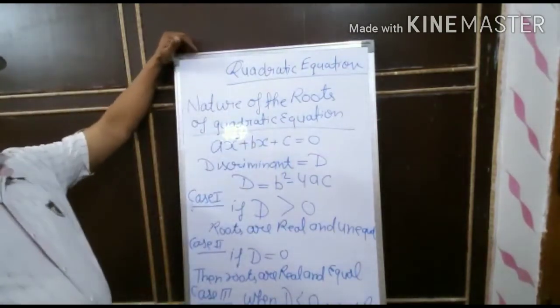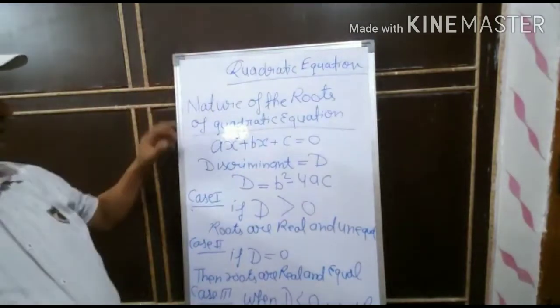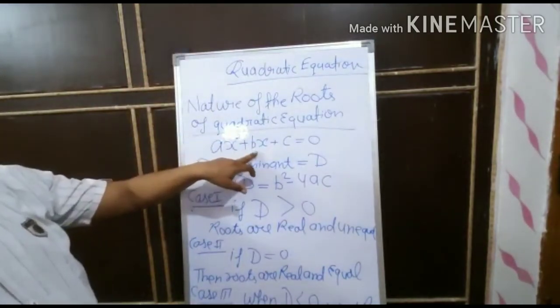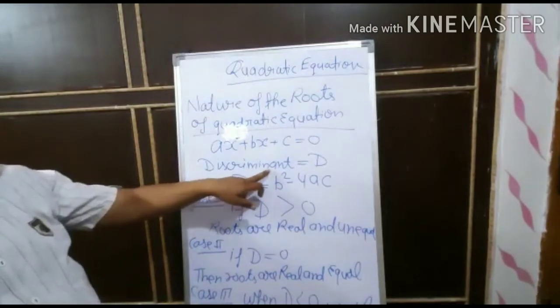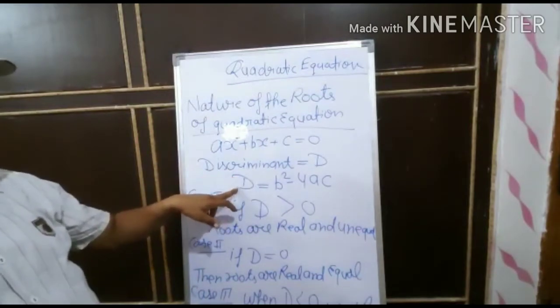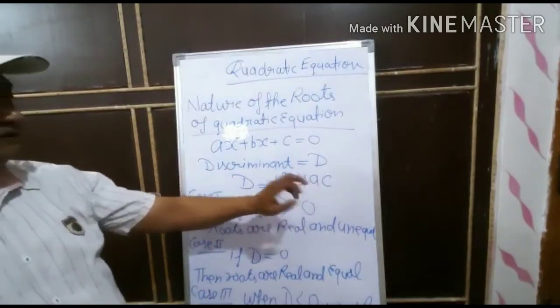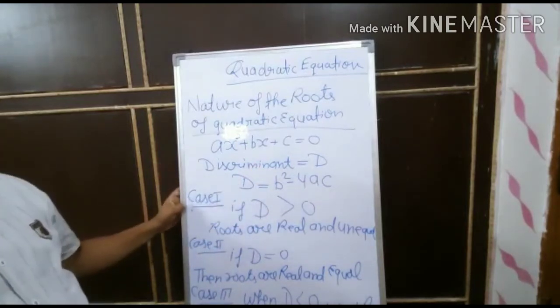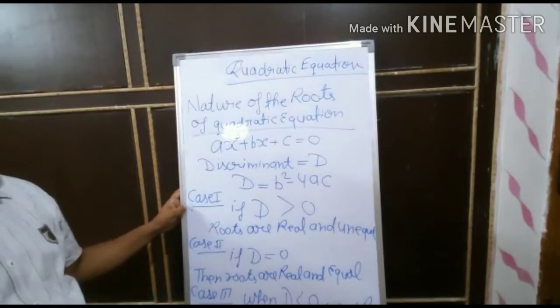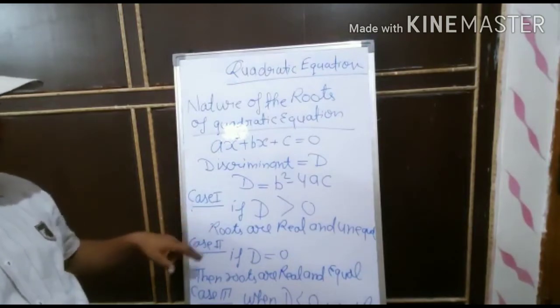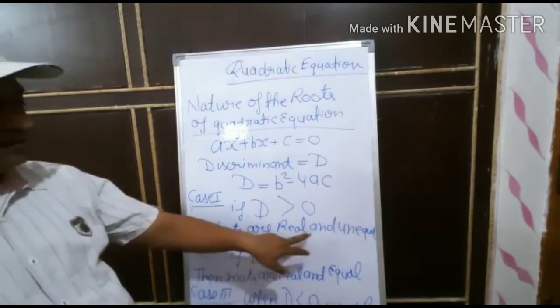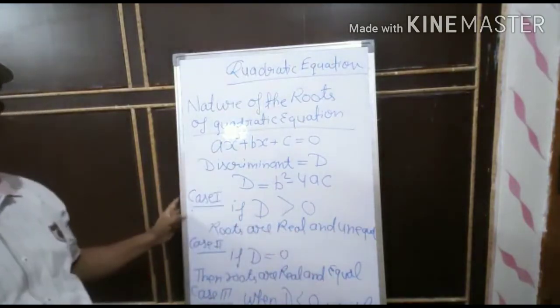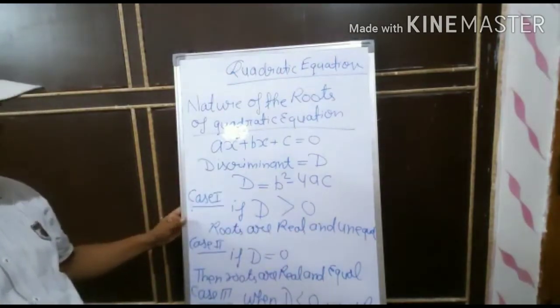So for finding the nature of the roots in the quadratic equation, first we find the discriminant, capital D. Capital D is equal to b square minus 4ac. Then we check the value of D. If D is greater than 0, it means D is positive, then the roots are real, but they are not equal. Both are different roots.